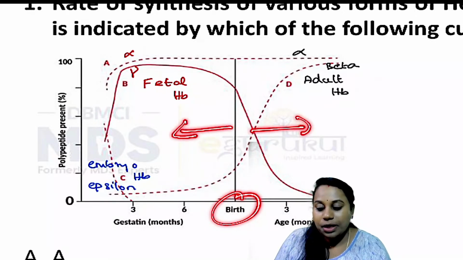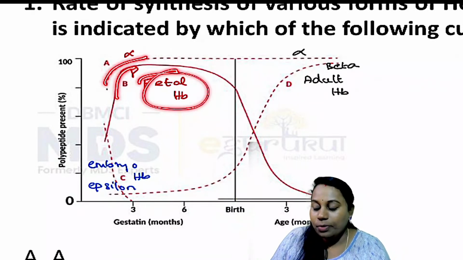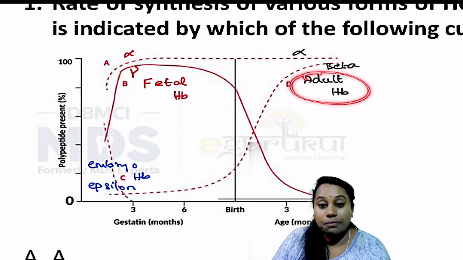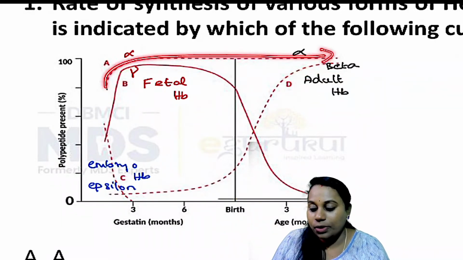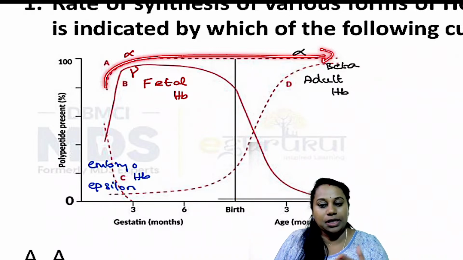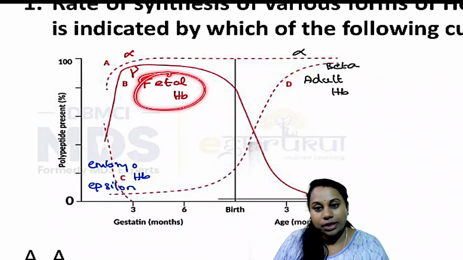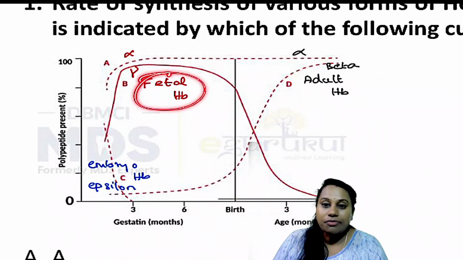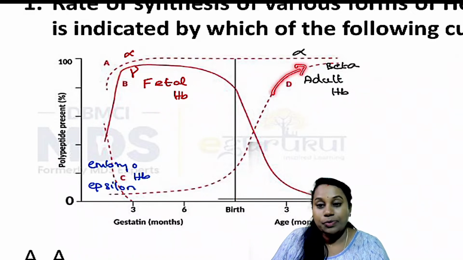Fetal hemoglobin is made up of alpha chain and gamma chain. Adult hemoglobin is made up of alpha chains and beta chains. That is why the chain which is sustaining throughout is alpha chain before birth and also after birth. The chain that you can see during the fetal life is specifically gamma chain. The chain that you see specifically in adult hemoglobin is beta chain.